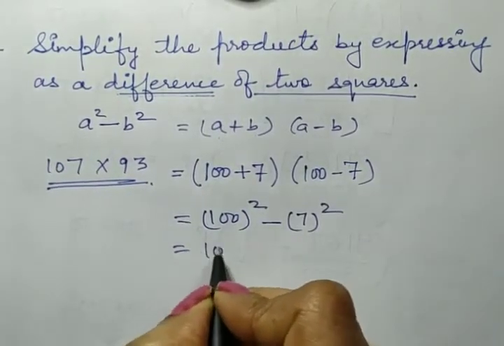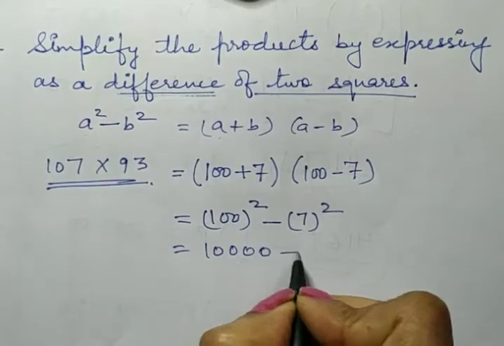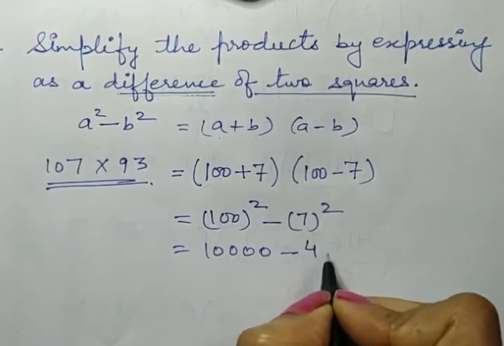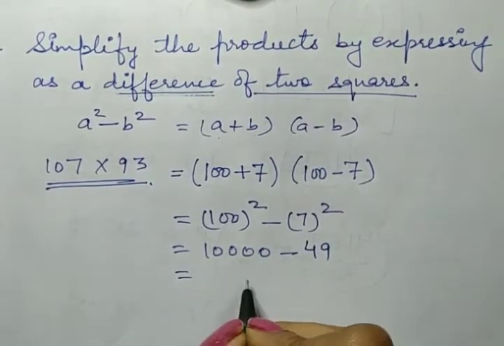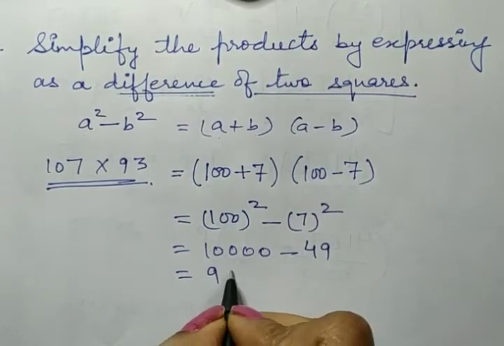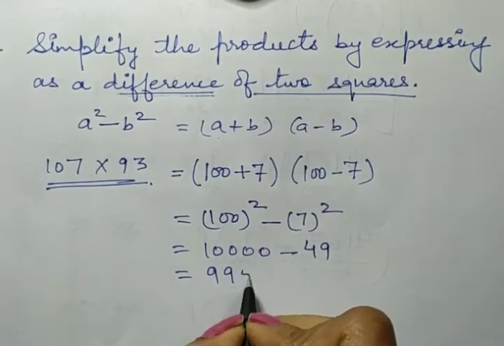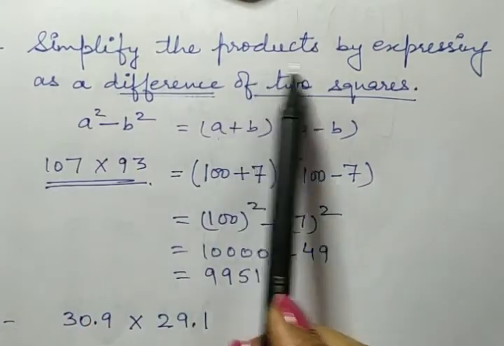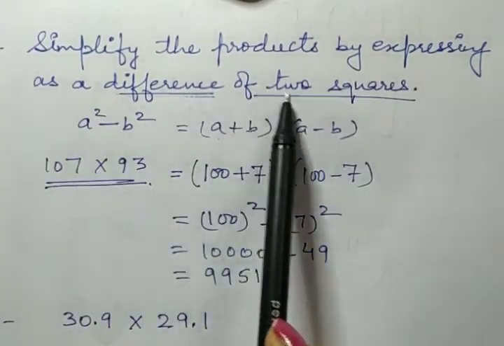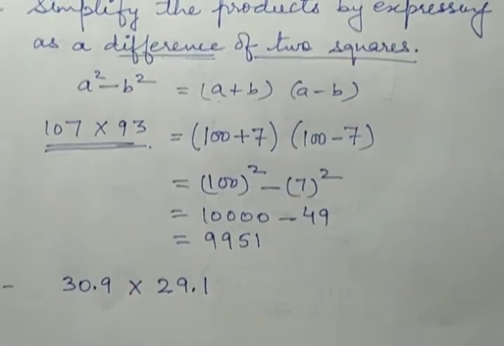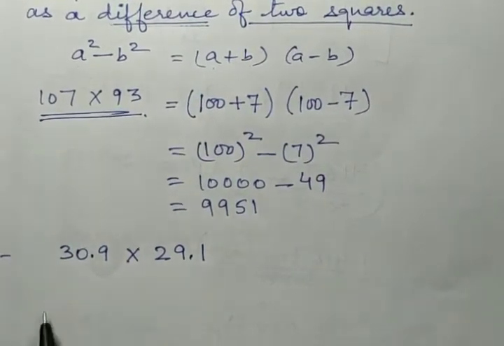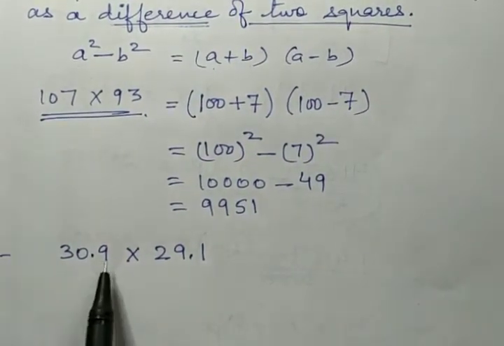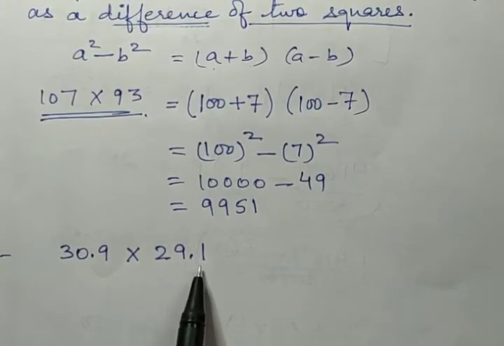Square of 100 we got 10,000, minus square of 7, that is 49, and the answer will be 9,951. In the same question, simplify the products by expressing as a difference of two squares. Let's take one more example. We have to find the product of 30.9 and 29.1.